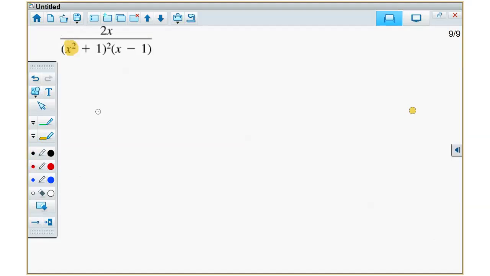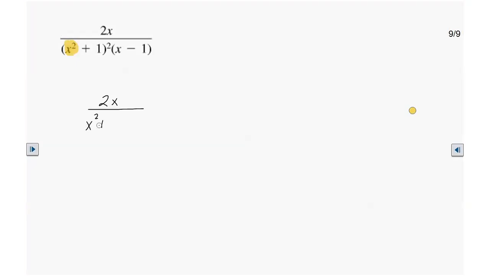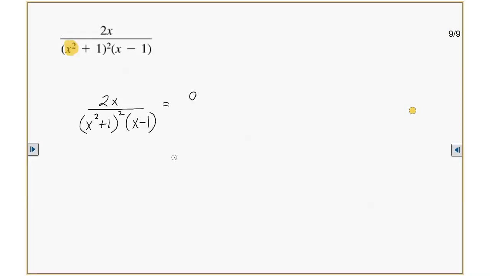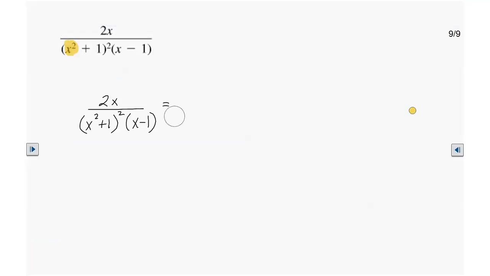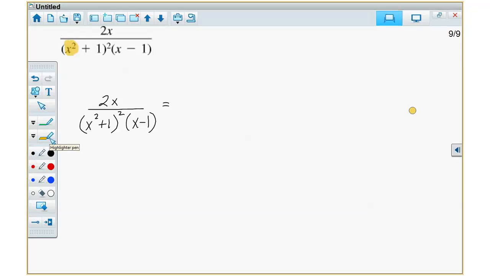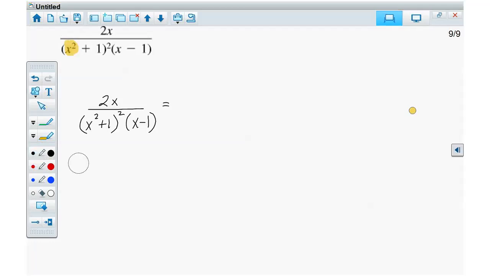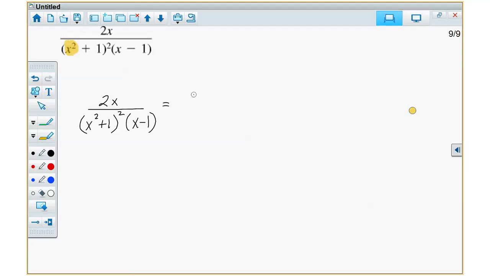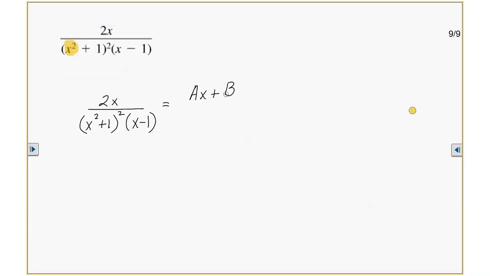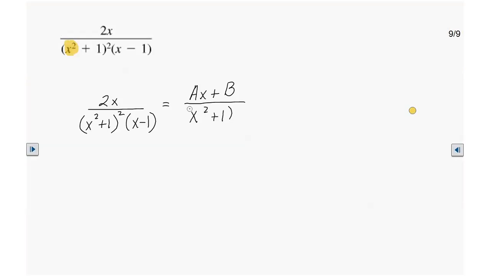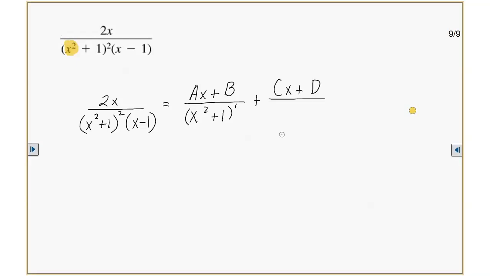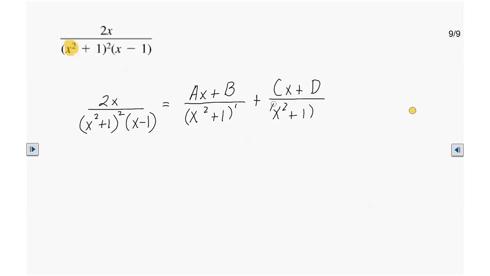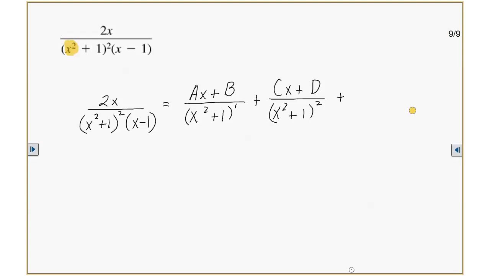So when you start this one up, you're going to get 2x over (x squared plus 1) to the second power times (x minus 1) is equal to (ax plus b) over (x squared plus 1) to the first power, plus (cx plus d) over (x squared plus 1) to the second power, plus, what comes after d?